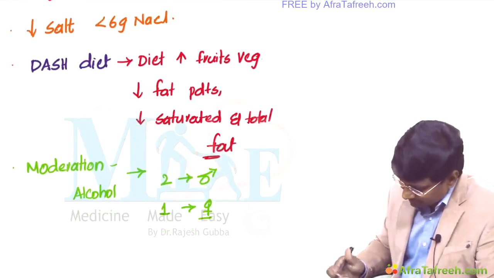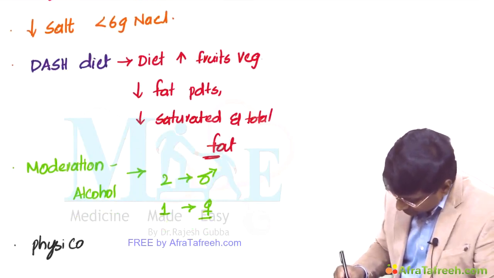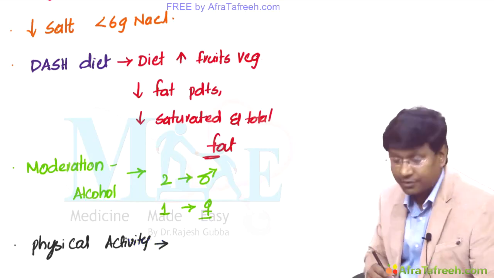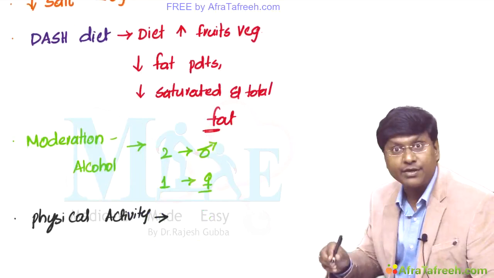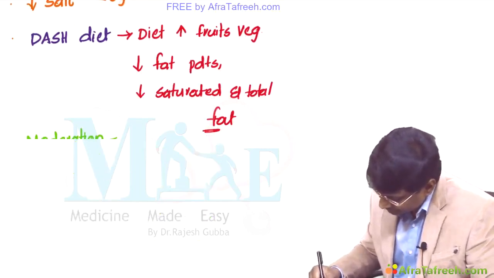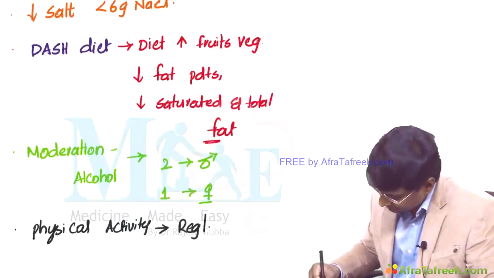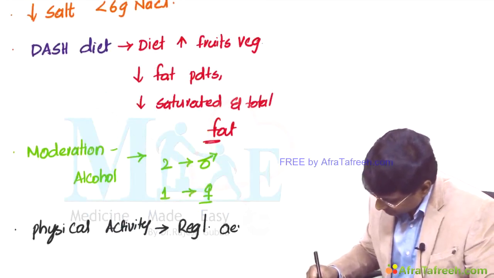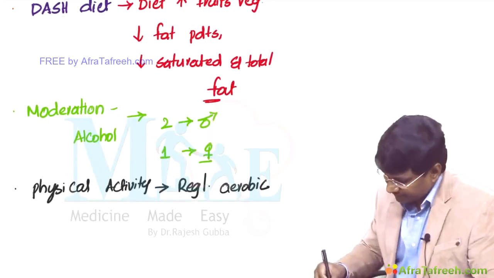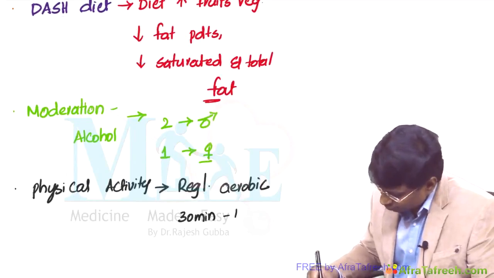Next, apart from all this, the physical activity is very, very important. So, the individual should do a regular aerobic activity, that is nearly around 30 minutes of brisk walking.